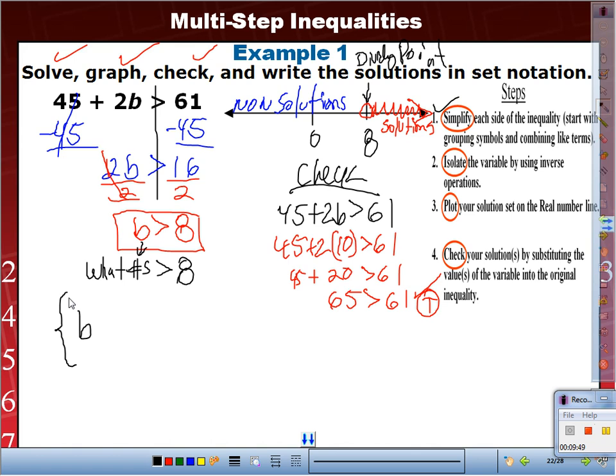Here it goes again. Solution set for all variables b. Check this part out. Such that, what's it say? Such that, and then I just write my solution, which is b is greater than 8.